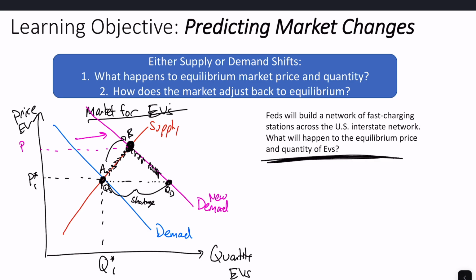Now we have a new equilibrium price P2 where supply crosses demand. Our new demand crosses supply, so we get a new equilibrium price and a new equilibrium quantity, Q2 star. So we see that if the federal government did this, it would increase the prices of electrical vehicles and it would also increase the quantities of sales.